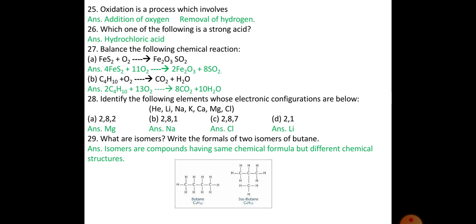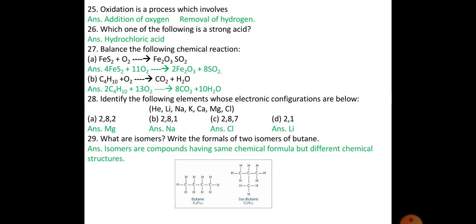Next, C4H10 plus O2 will give CO2 plus H2O. And again, after balancing this equation, 2C4H10 plus 13O2 will give 8CO2 plus 10H2O.